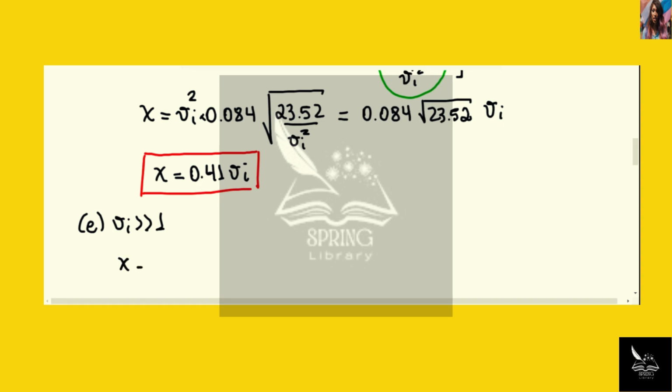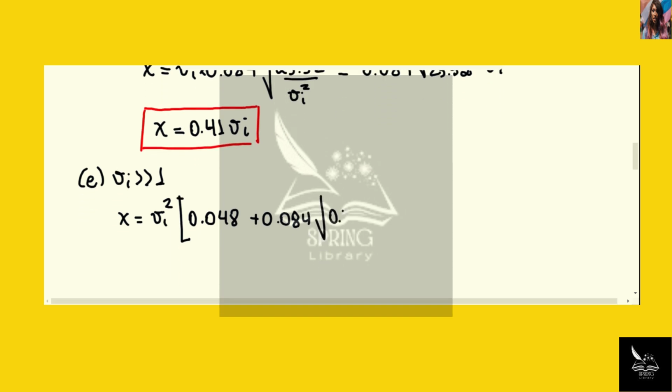So what we have is that x equals vi squared times 0.048 plus 0.084 times the square root of 0.33 plus 23.52 divided by vi squared.